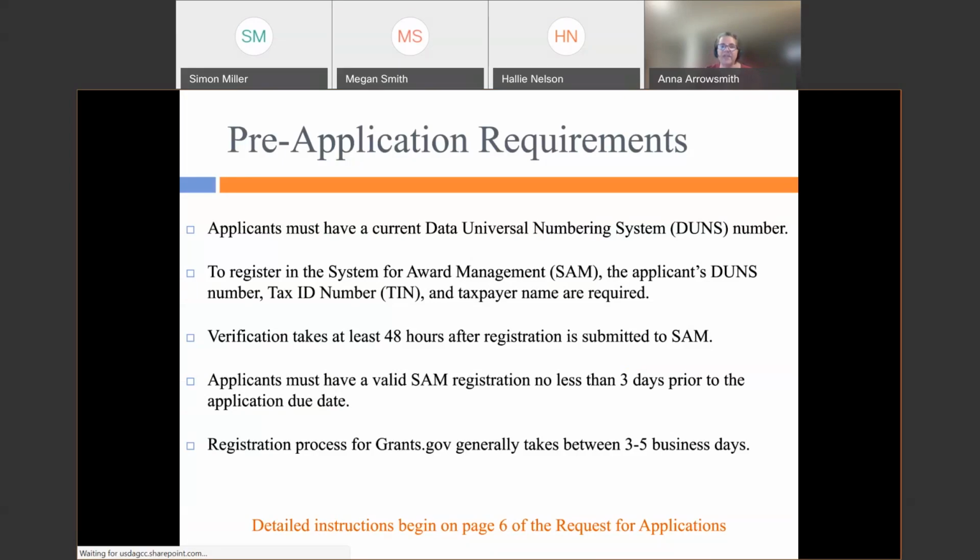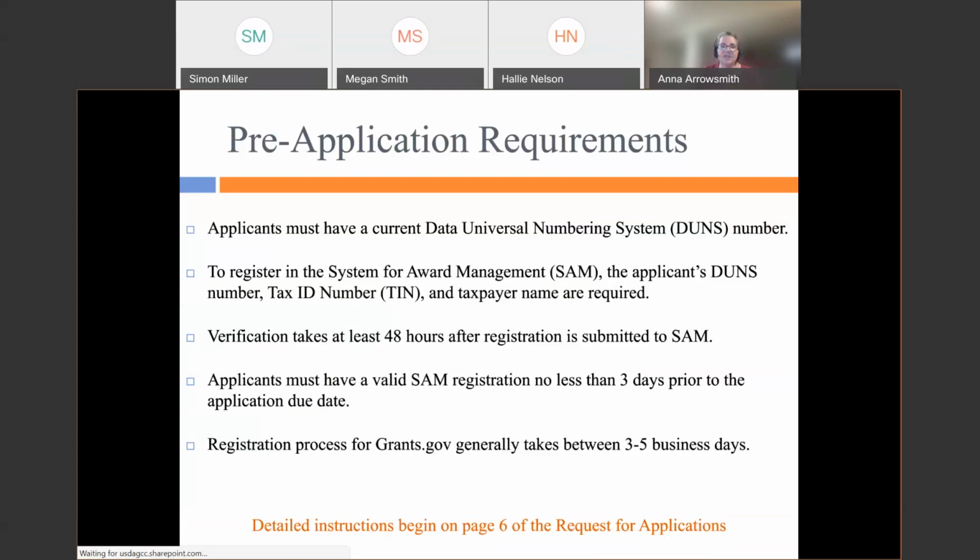The first thing that you'll need to do if you don't already have one is obtain a DUNS number. It can take several days to obtain a DUNS number, so I recommend getting started on that right away if you don't have one. Once you have your DUNS number, you're going to need to register in the System for Award Management, or we fondly call it SAM.gov.